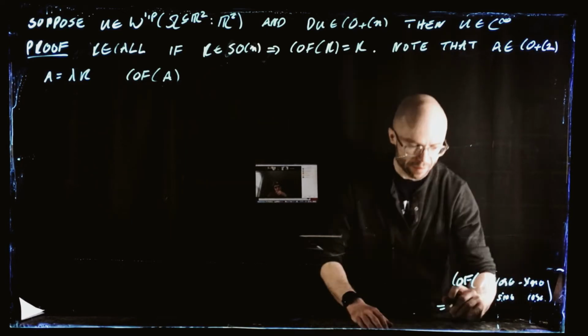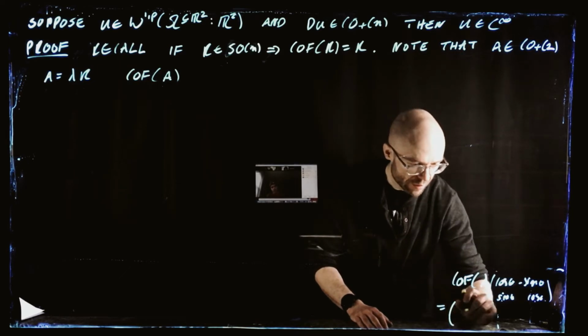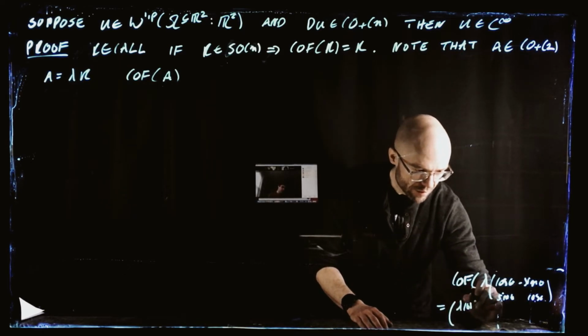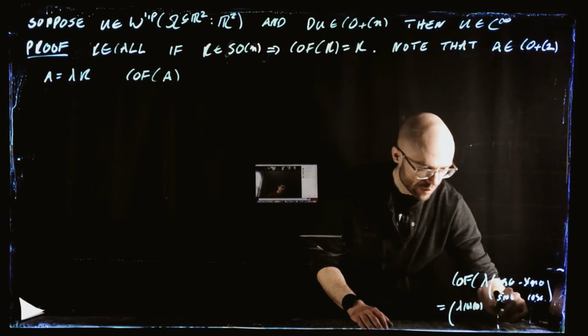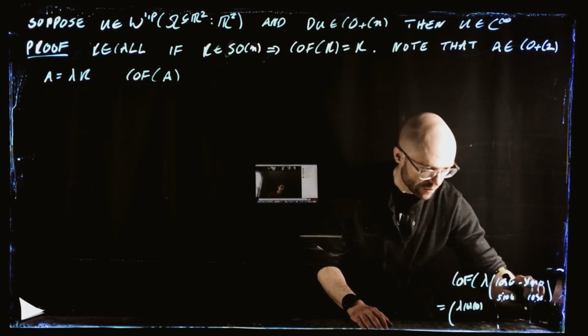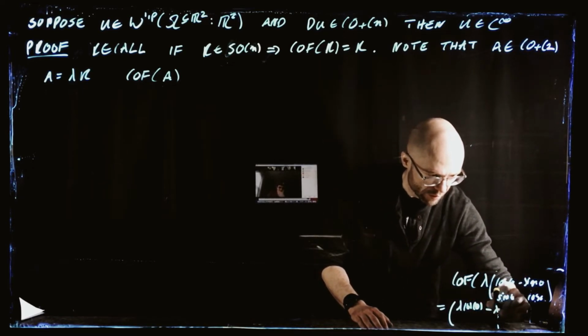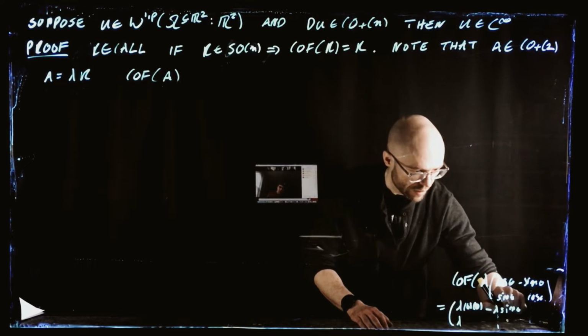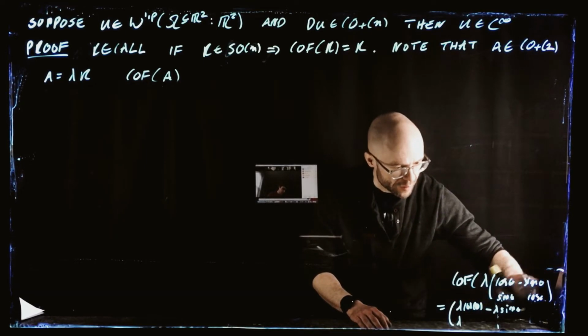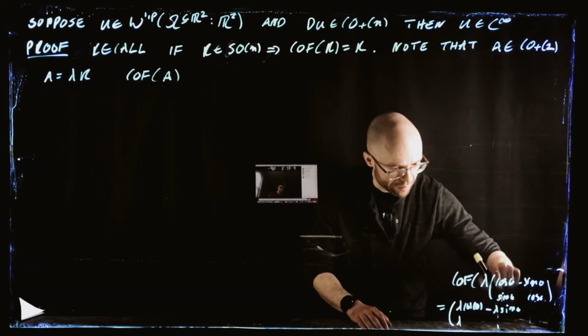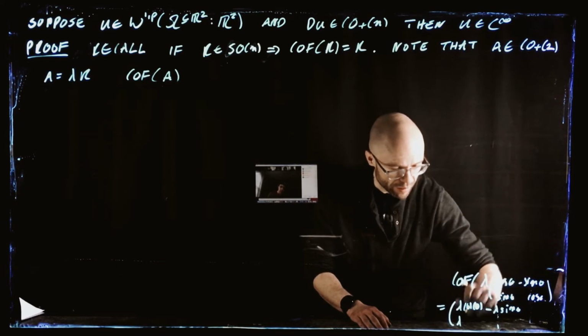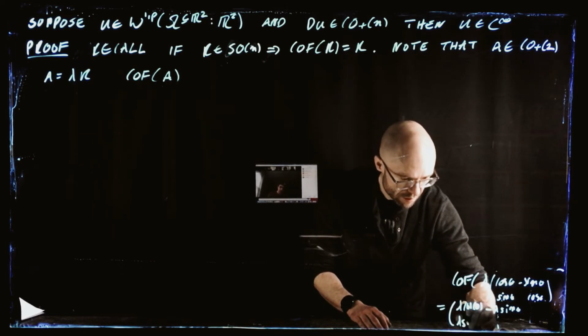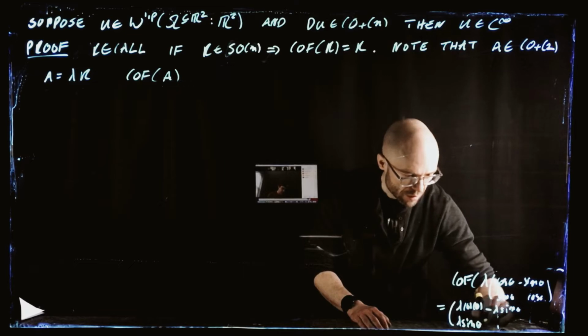So this is equal to lambda cosine of theta, minus lambda sine of theta, lambda sine of theta. We take this entry, delete it, and we just have this, but then it's times minus 1 because this is the 2-1 entry, so we get this.